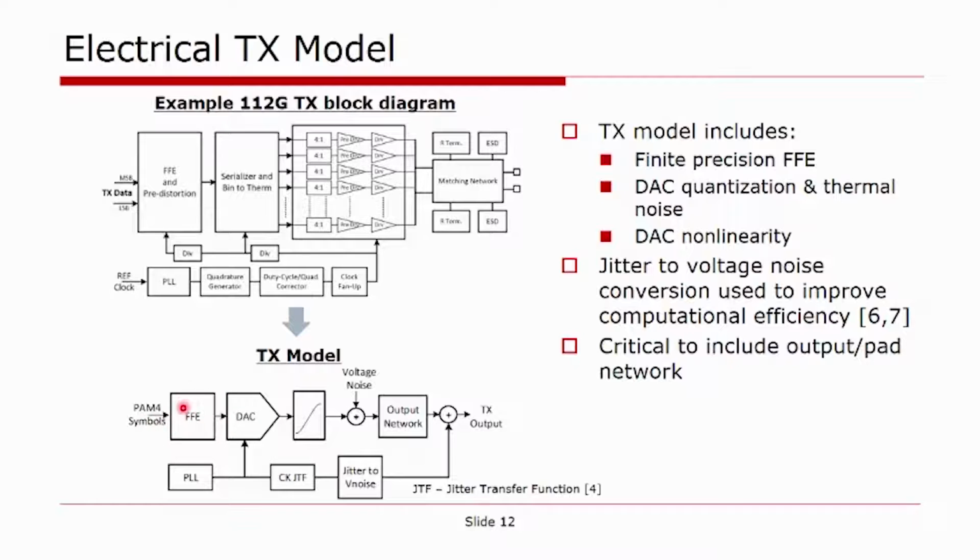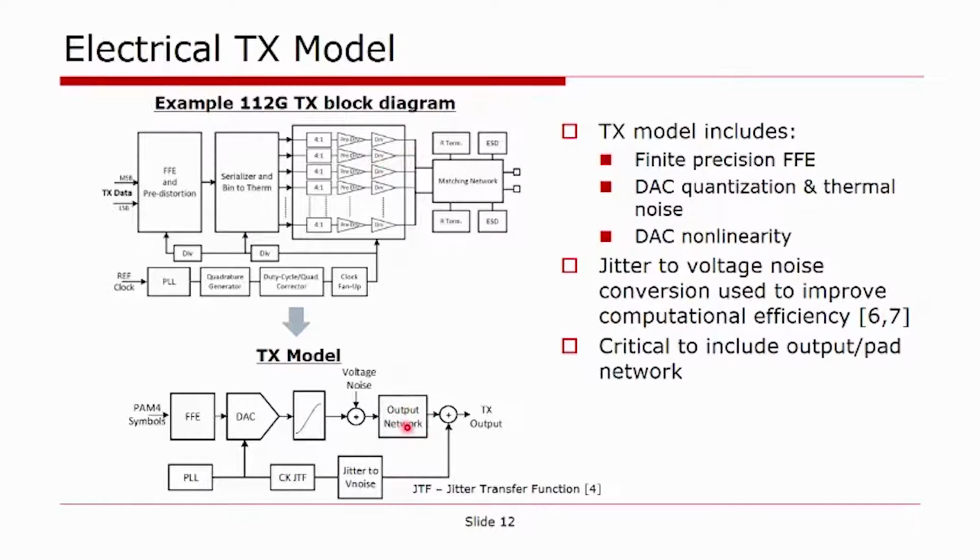So we have a linear FIR filter to model the feed-forward equalizer, a DAC to model the finite quantization error introduced by the output stage, followed by some kind of nonlinear compression circuit, since all real drivers have some signal compression.